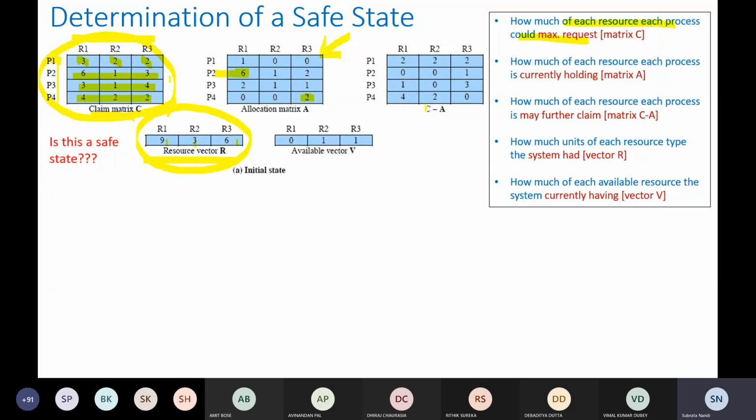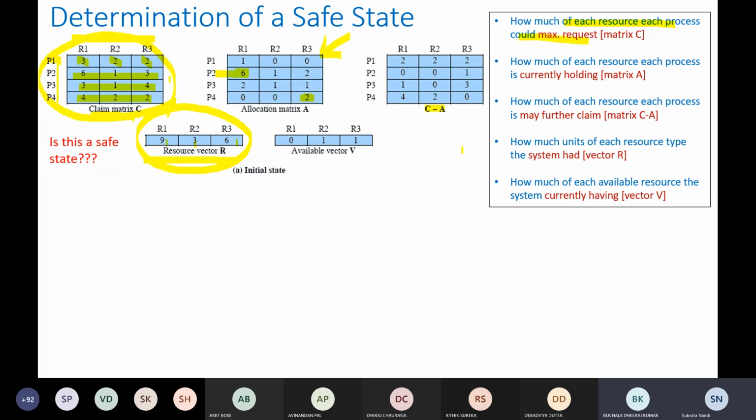And what is this C minus A? What will be C minus A? If I subtract A from C, what is this? Number of units remaining in resource.